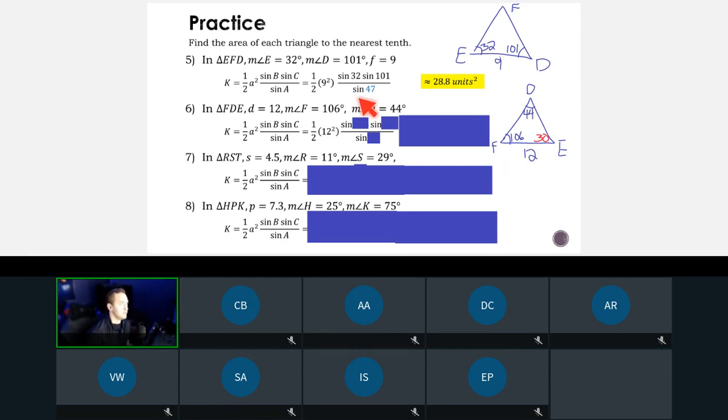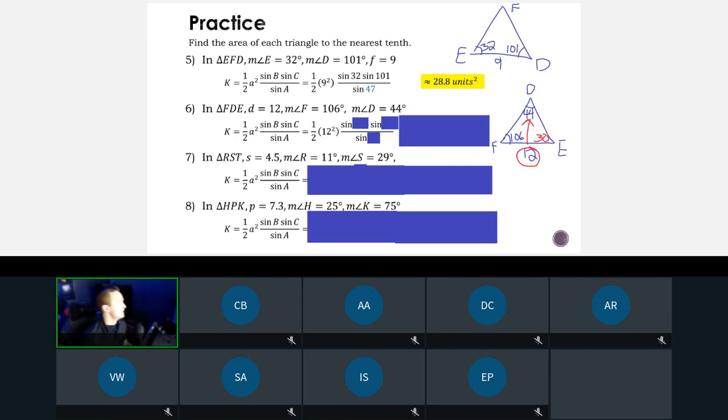And we see that when using length of 12, opposite of this angle is what goes in your denominator. So it should be 44. That's why drawing diagrams is good, right?